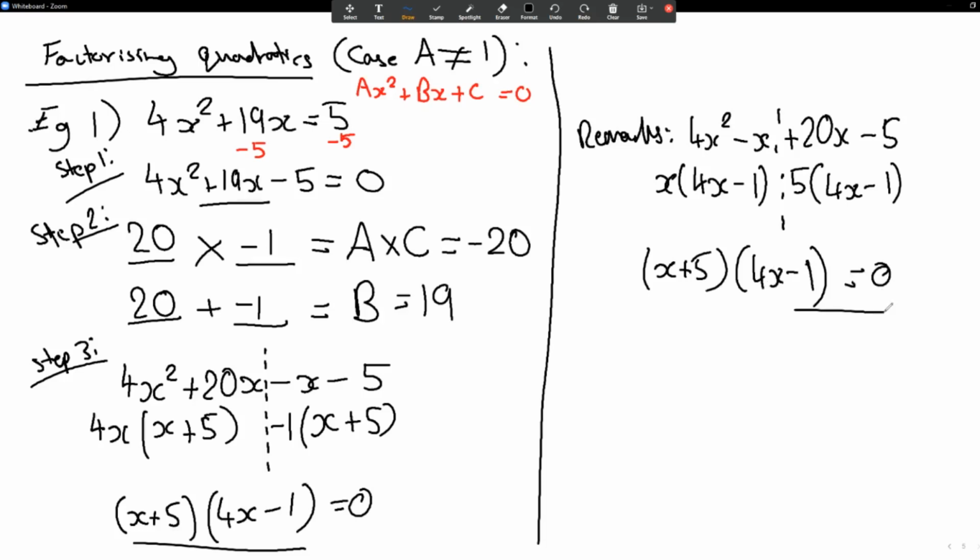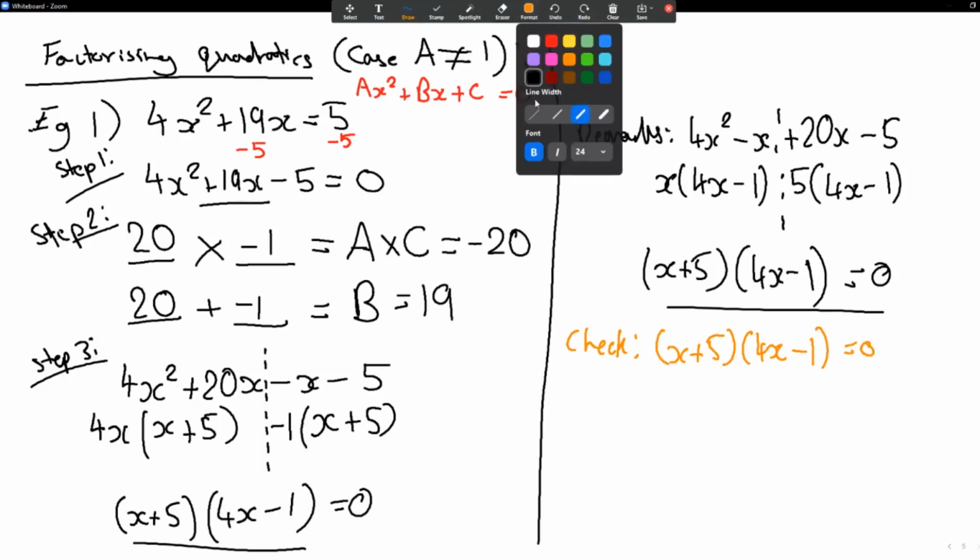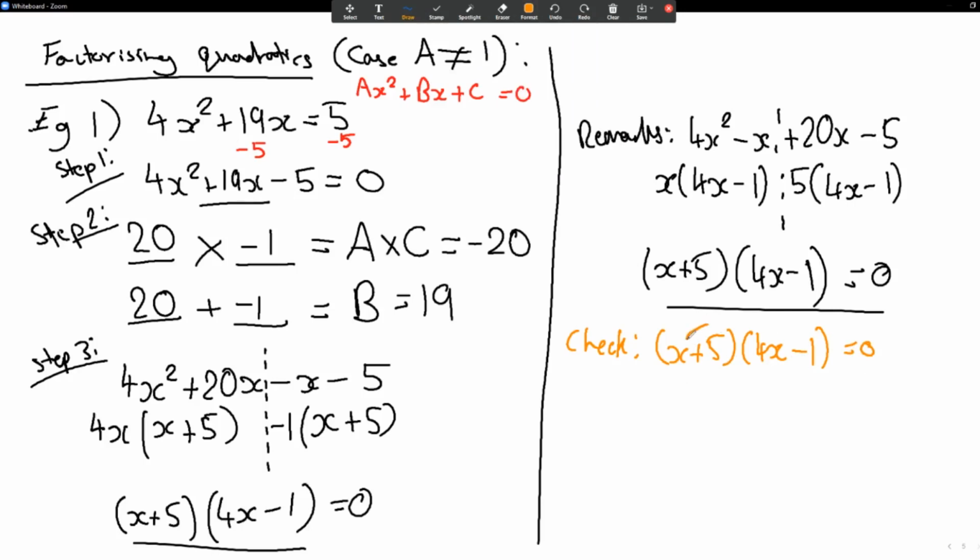Another thing is you can check your answers. I'll do this in another color. So now that we've got this, we can use the methods we learnt in the last video to go from here back to the quadratic. We can either use the FOIL method or any other method we want, as long as we understand.